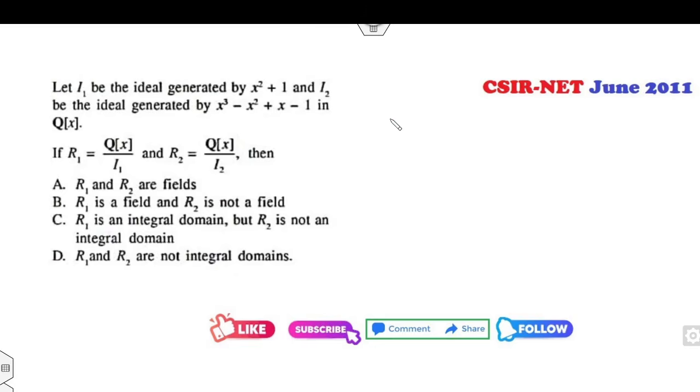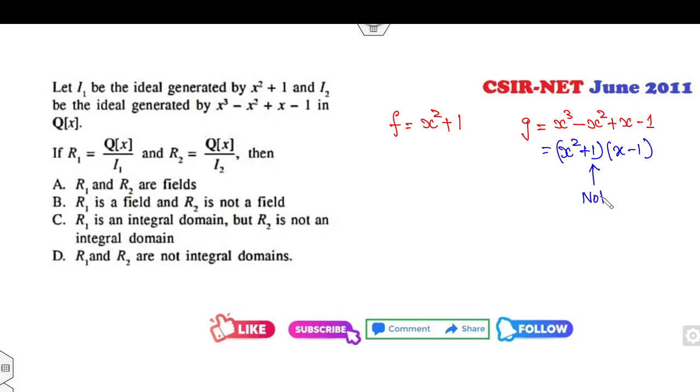I1 is the ideal generated by x square plus 1. I2 is the ideal generated by x cube minus x square plus x minus 1. Clearly say I can factorize them: x square plus 1, x minus 1. So clearly say this is not irreducible. Fine.